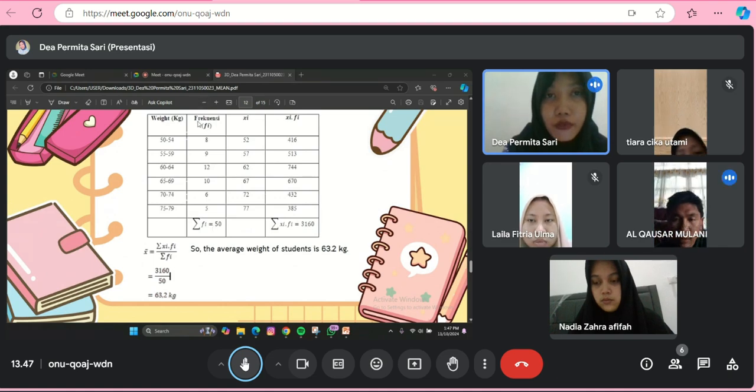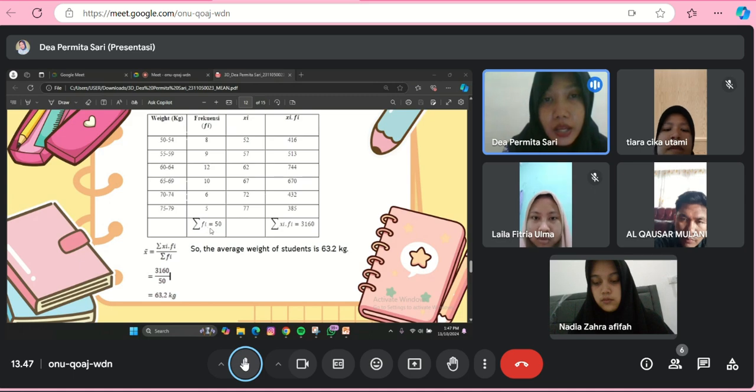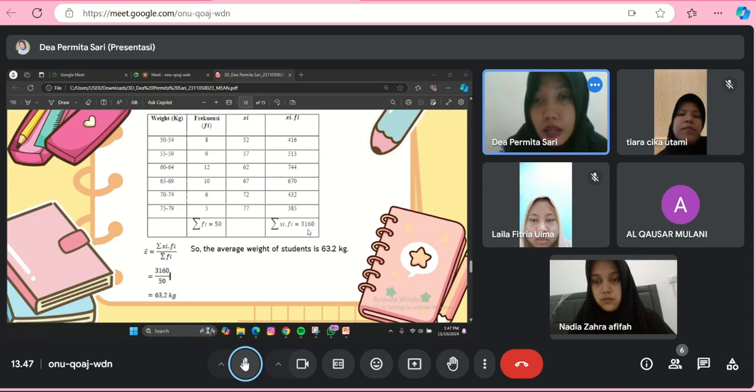So we have the frequency sigma fi is 50 and sigma xi multiplied by fi is 3160.